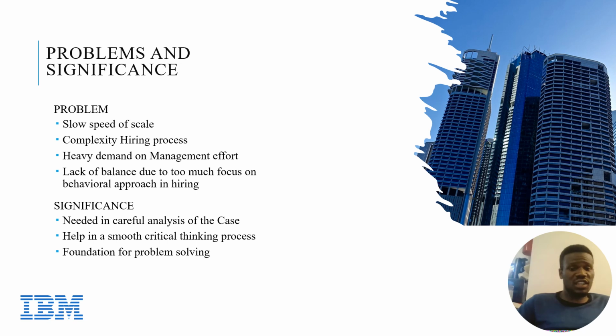Then the problem and the significance. These were a few problems identified from the general case summary, and my teammates are going to throw more light on the general overview of the problems that IBM faced. IBM had a problem of slow speed of scale due to the technicality in the hiring process.